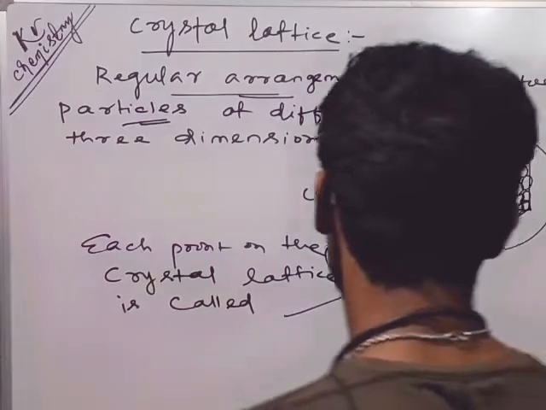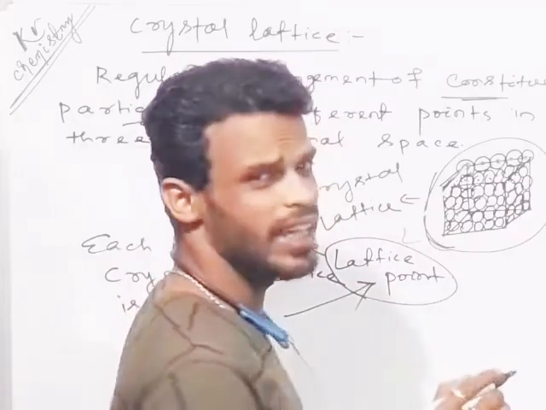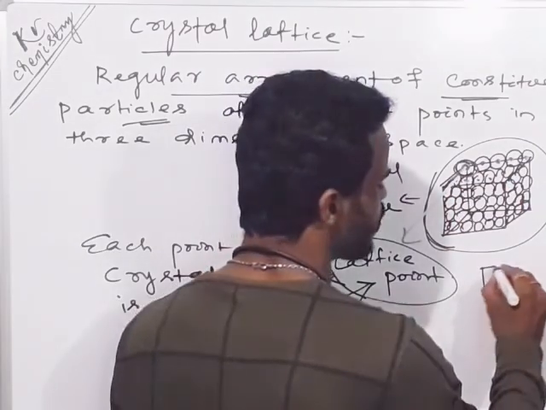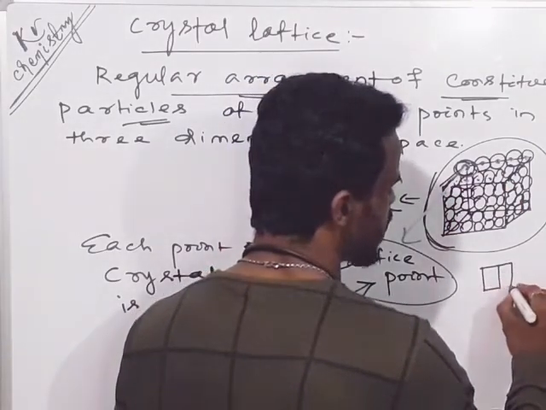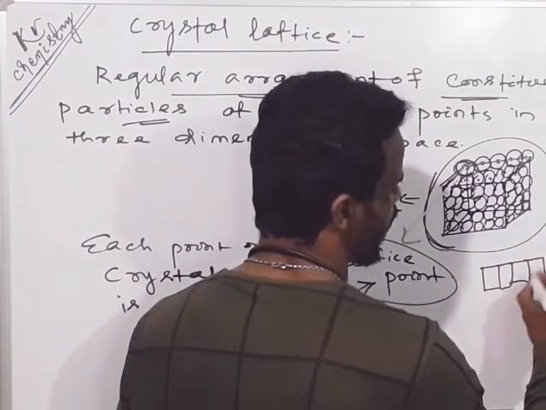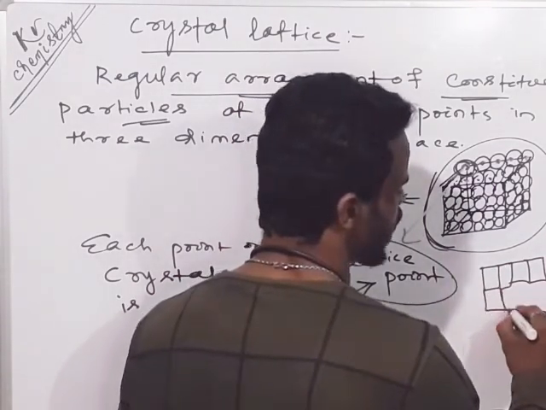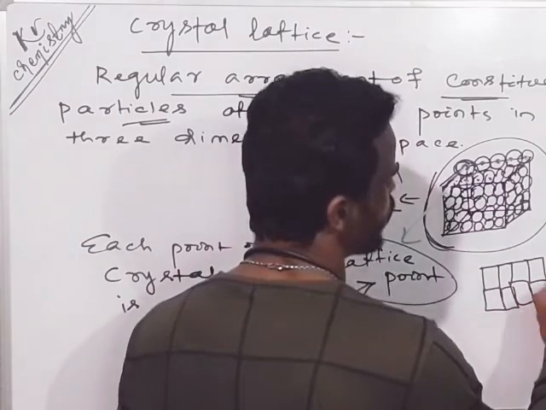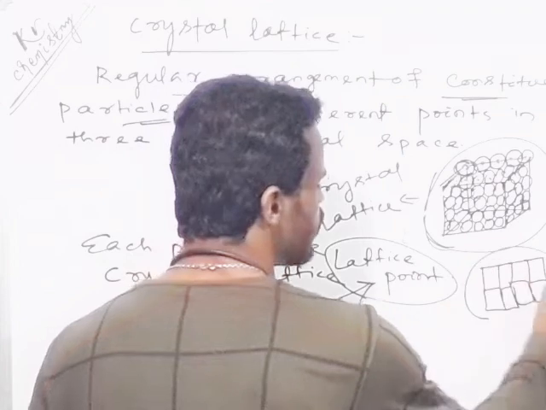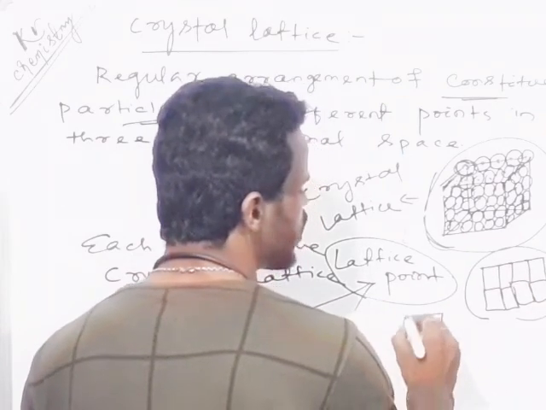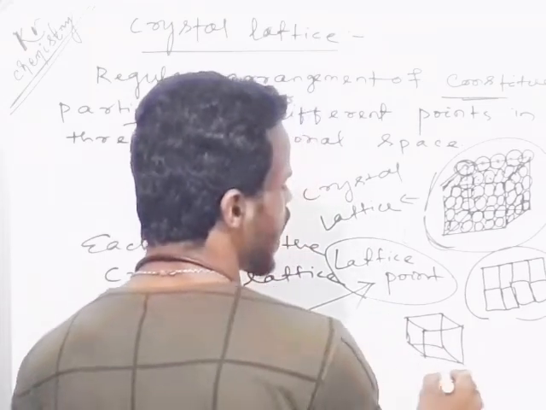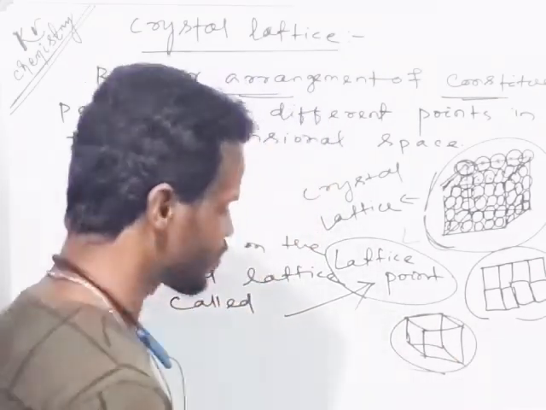Next, if we take a single part, each part consists of different lattice points. If we take a single part of the total lattice, then this single cube is called a unit cell.